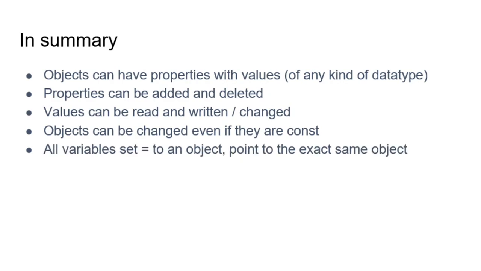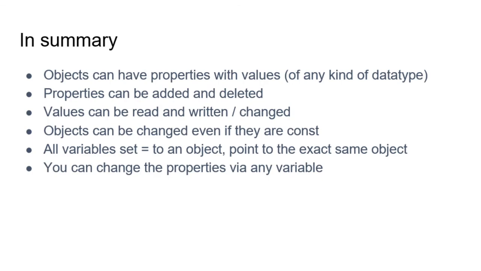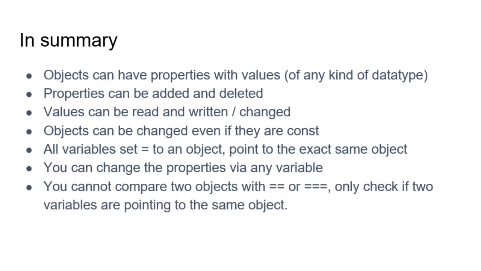All variables that are set equal to an object will point to the exact same object, meaning that we can change the properties via any variable. If we have our object 1 and we set object 2 equal to object 1, it doesn't matter if we say object 1 or object 2 when we want to change some of the properties. They are just references.